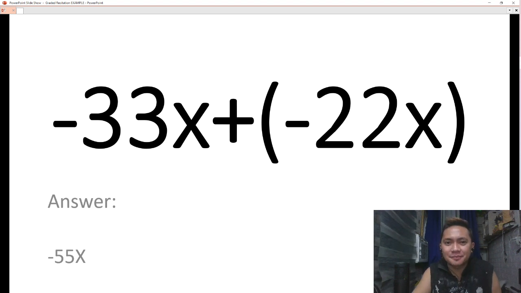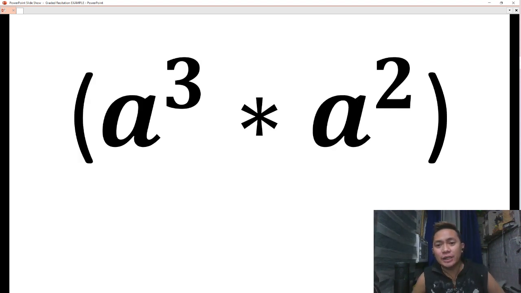Next question. Okay, so in multiplication, we have a cubed times a squared. That is multiplication of the exponent. Okay, so some of the students medyo nalilito sa multiplication if may mga exponent na.